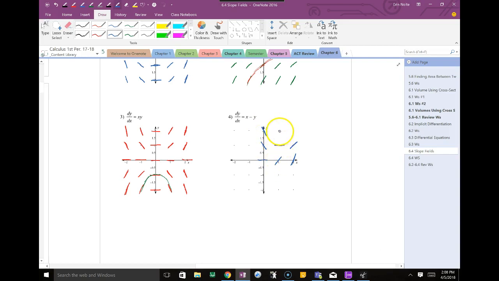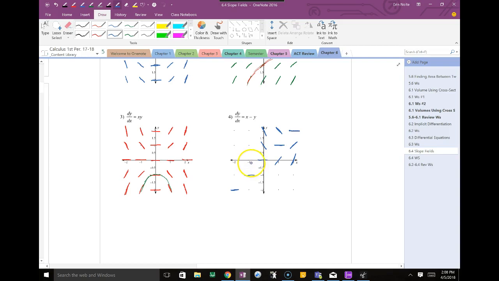At the point 1, 2, 1 minus 2 is negative 1. And the point 2, 2, 2 minus 2 is 0. Okay, so one thing I notice is when the x's and the y's are the same, that's a slope of 0, so I'm going to fill in those ones.